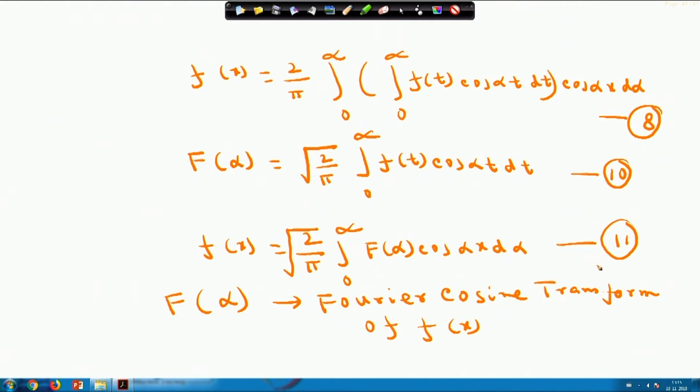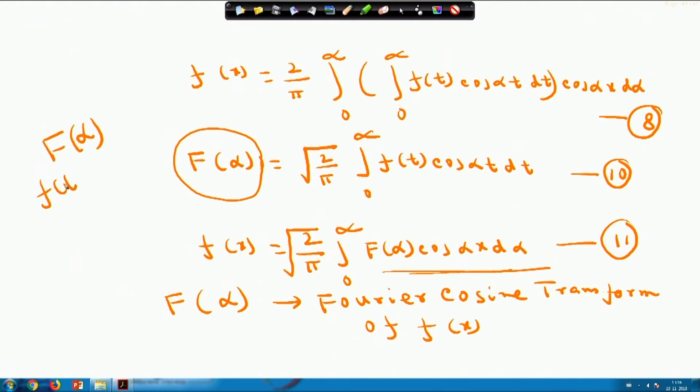Now in equation 11, suppose F(alpha) is given to me and f(t) is the unknown function.